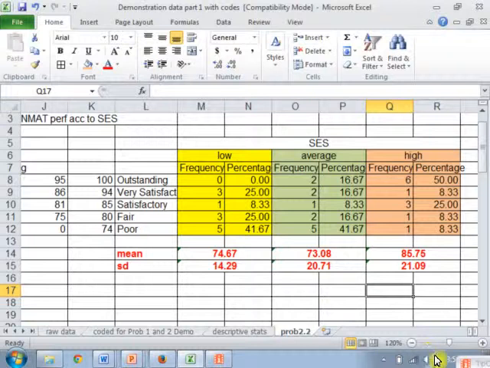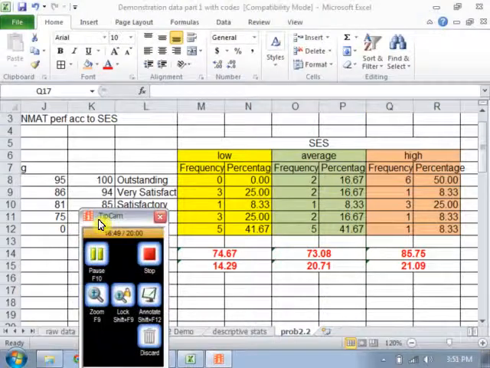Pwedeng ganon. But again, as we've said, it will start with, unsa akong paminaw ani as a researcher. But then we read some literature that will tell us that, yeah, this is really the usual result.